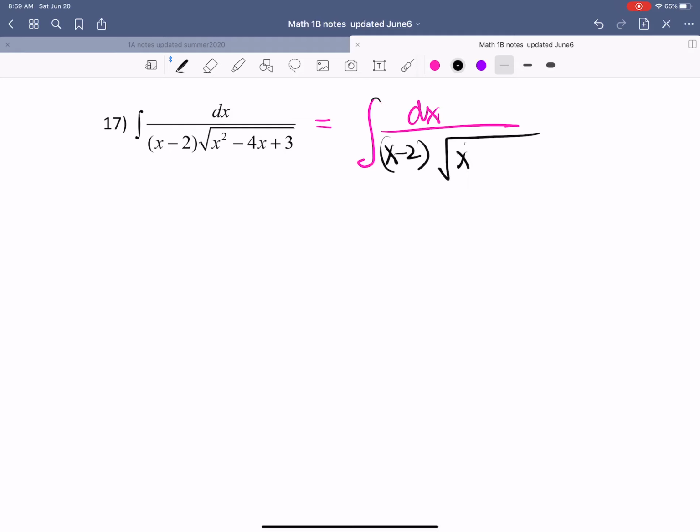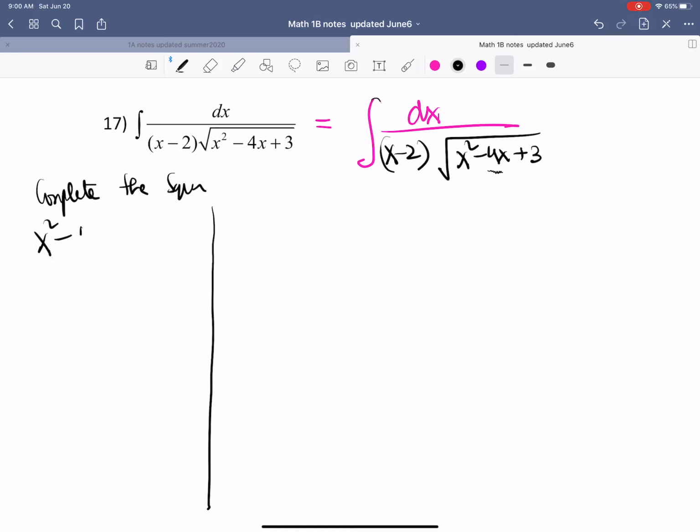If I want to complete the square here, I already have plus 3. Maybe I should do the completing the square work on the side. Remember, we add and subtract half of the middle number, squared.